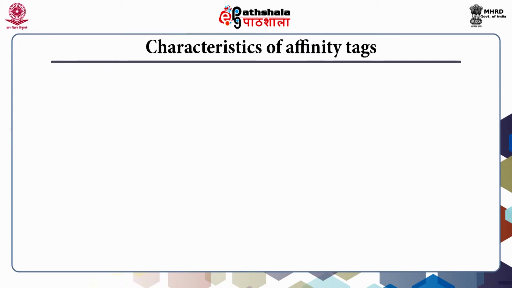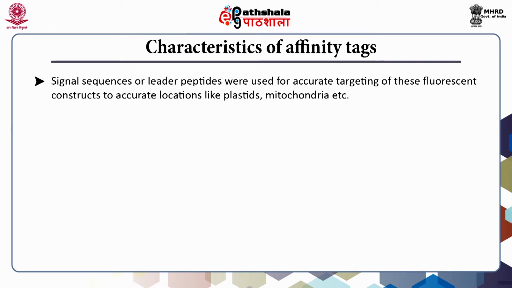These fluorescent molecules are called affinity tags. Let's see what are the major characteristics of these tags. Signal sequences or leader peptides are used to accurately target the fluorescent construct to locations like plastids, mitochondria, and so on.